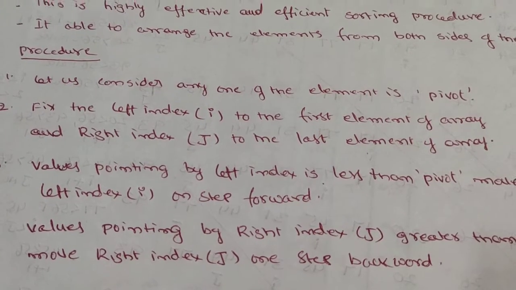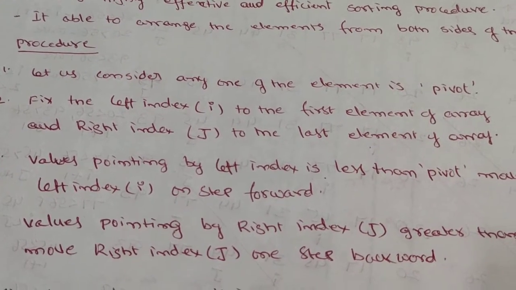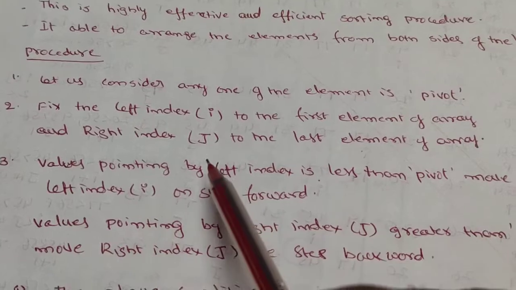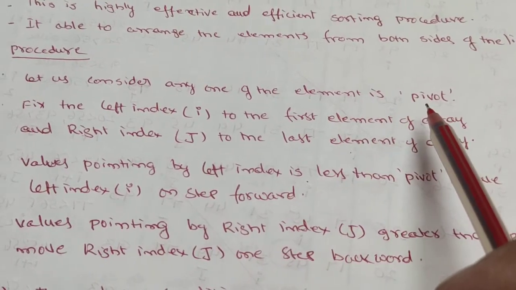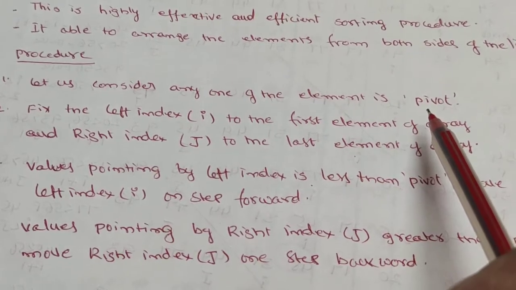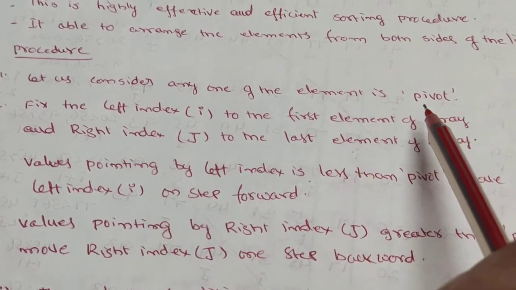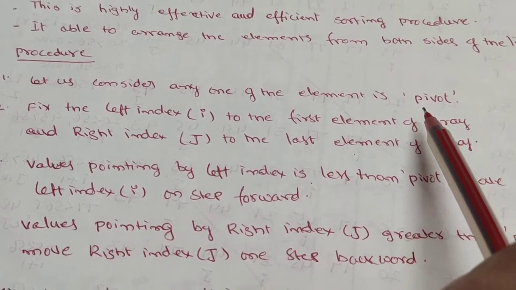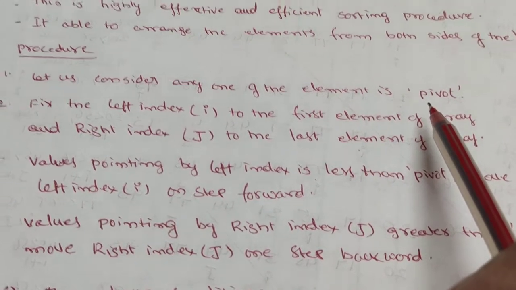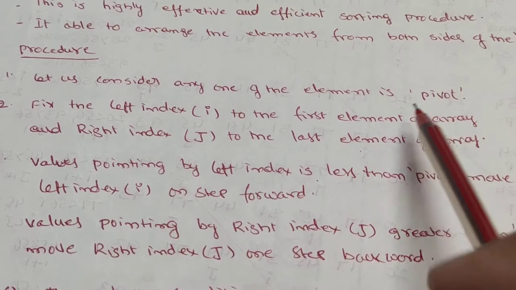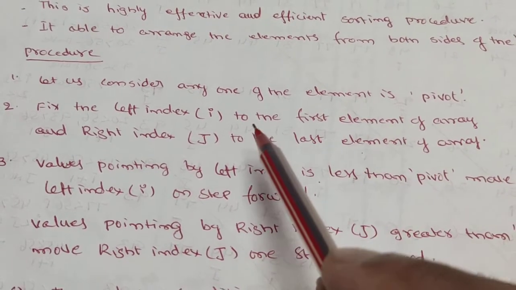Now let us look at the procedure of quicksort. First let us consider any one of the elements as a pivot element. That means within an array or within the list we consider one element as a separate element, called the pivot element, generally represented with P, and fix the left index.